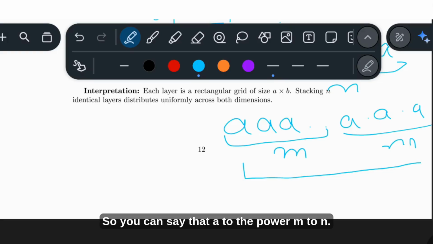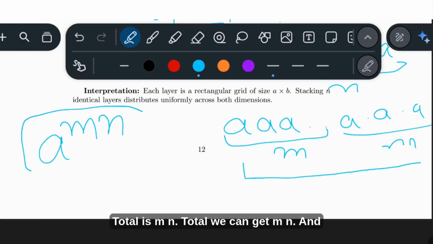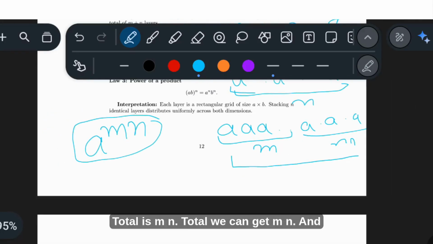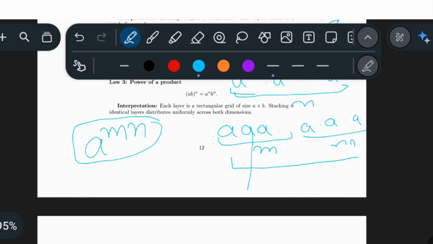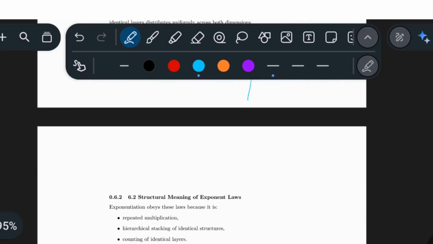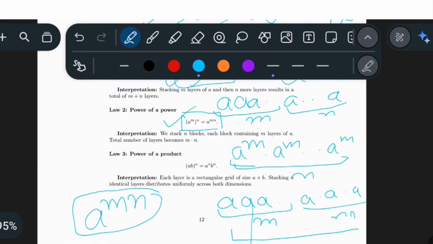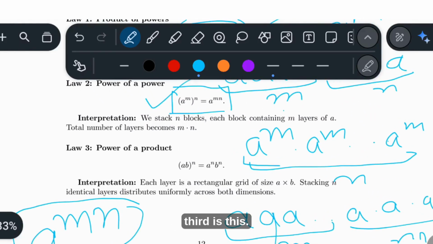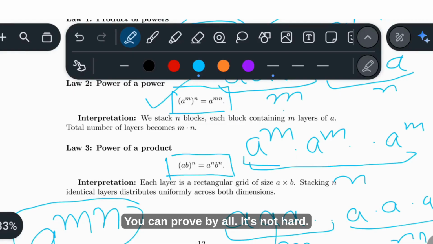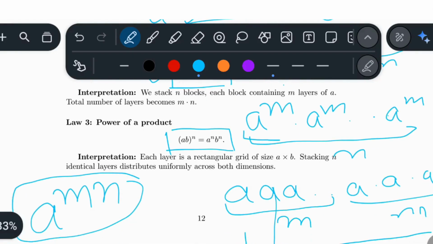So you can say that a to the power m, to n. So the total is mn. In total, we can get mn. And the third one you can prove by yourself. It's not hard.